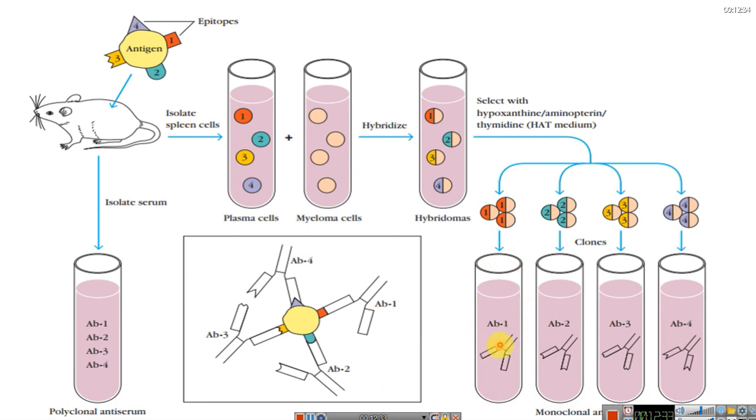So this single cell is producing only one type of antibody. This single cell is producing only one type of antibody. So these antibodies are monoclonal antibodies. All the antibodies produced by this particular clone or hybridoma will be the same.